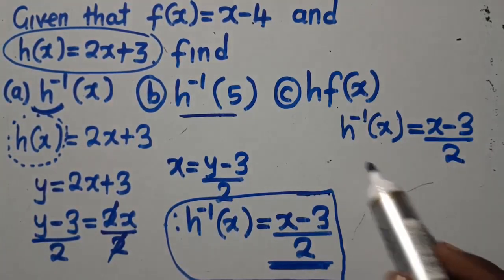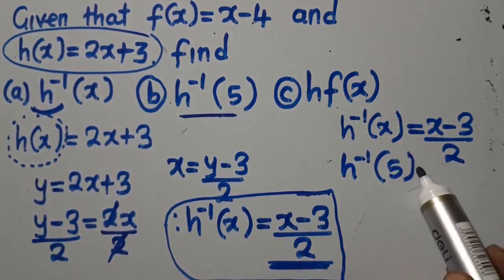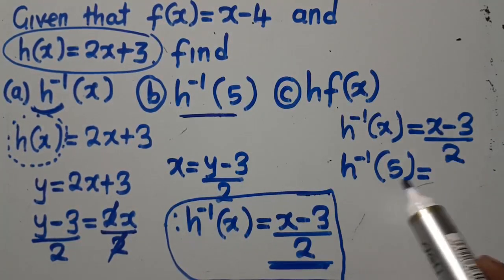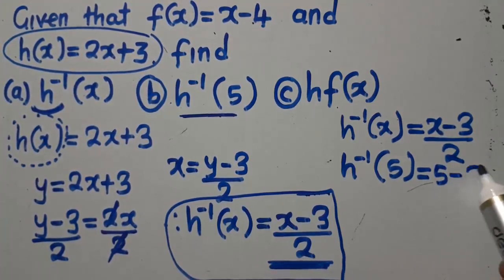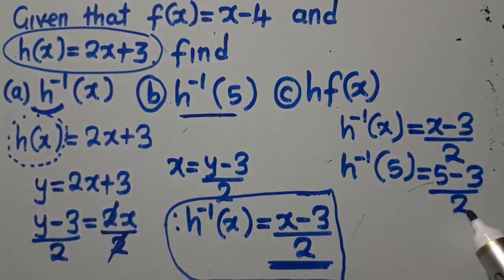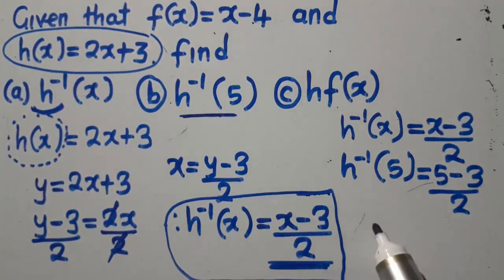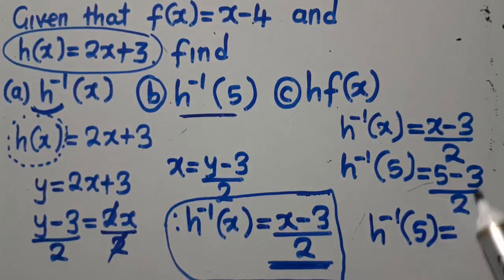They have told us to find h inverse of 5, so where there is x, you put a 5. So you put 5 minus 3 over 2. Everything remains the same, just this part changes. So h inverse of 5 is equal to 2 over 2.